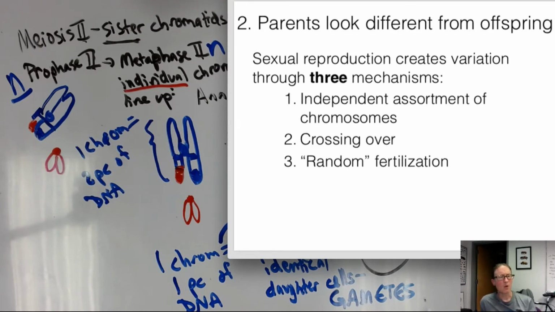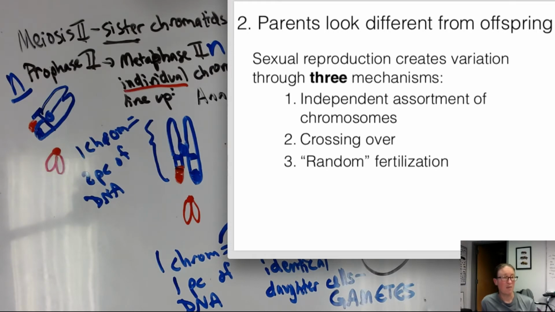Okay, so I want to come back to that second observation I started out with for this series, that parents look different from their offspring. And by now, we've actually seen 3 mechanisms for creating variation. So the first of those is the independent assortment of chromosomes.